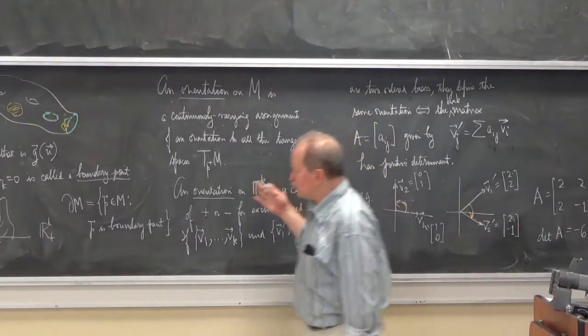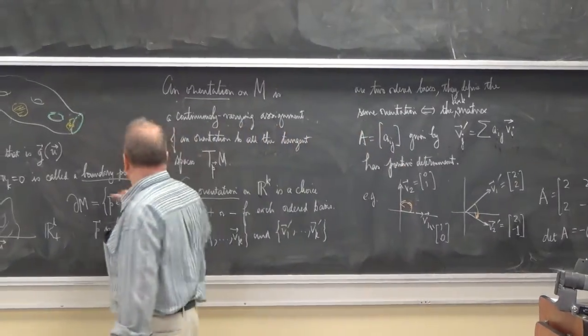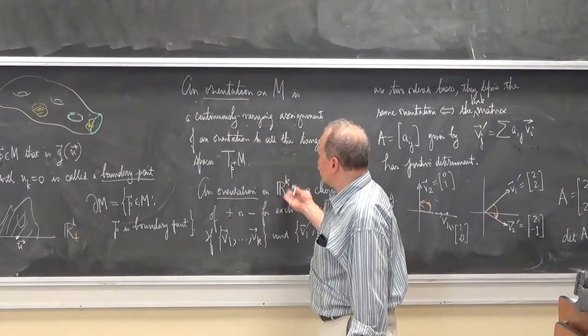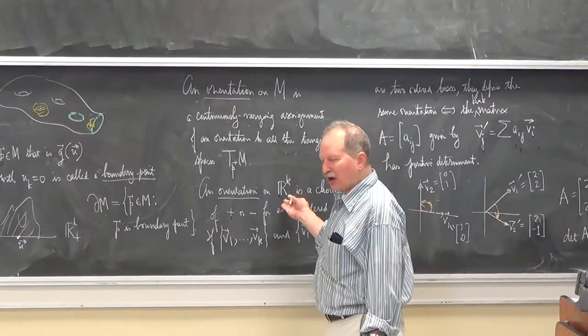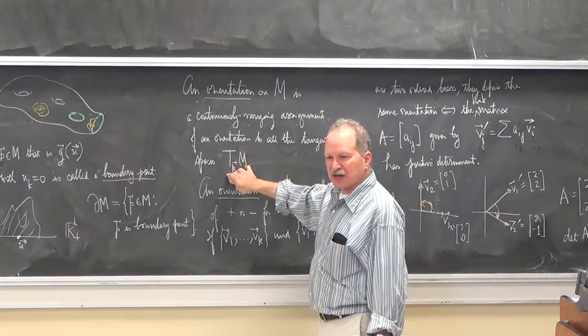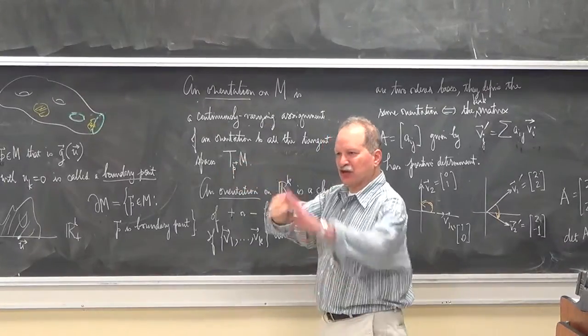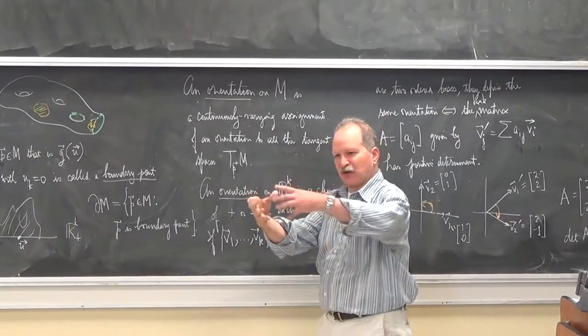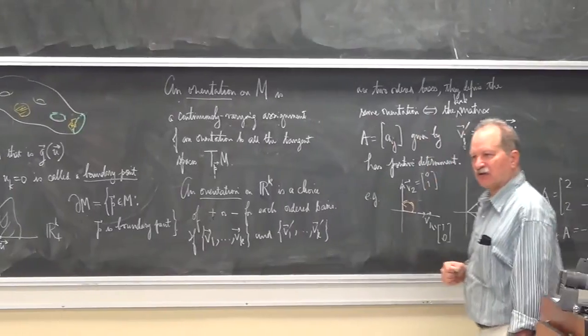And then what you're going to do is transport orientations on R^k from your parameterization to orientations on your tangent spaces, by saying my parameterizations are going to be consistently assigning the same orientations everywhere on the image of the parameterization.